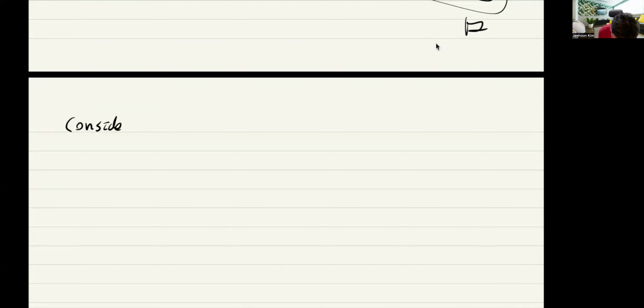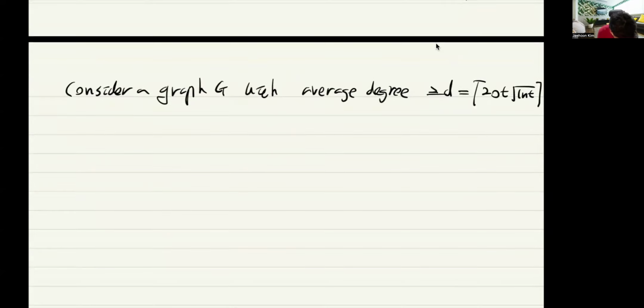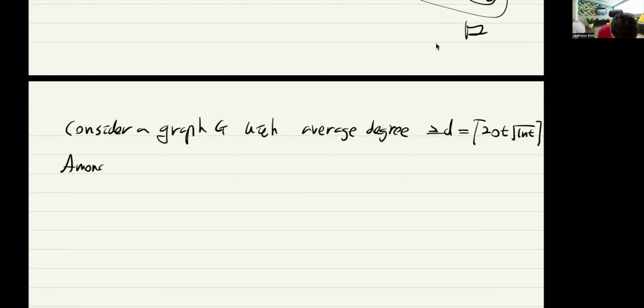So let's say consider a graph G with average degree at least t, and then let's say t is the ceiling of 20t square root of log t. And among all the minors of G, we consider the minors with average degree at least t.